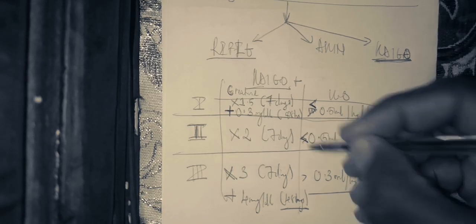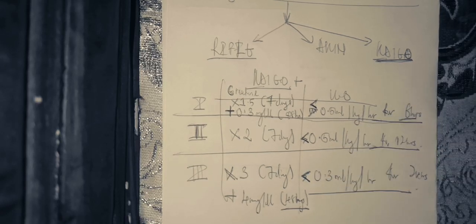Sorry, it is less than rather than more than. In this case, you are talking about anuria or oliguria. Is it clear? So those are the different elements that you have to speak about.